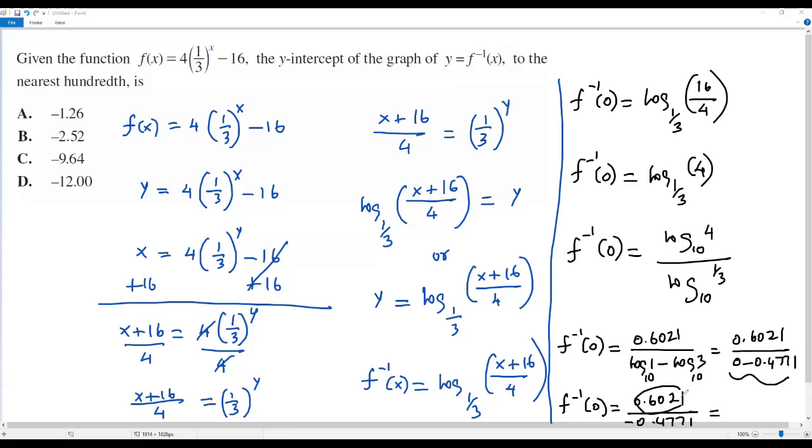When I divide 0.6021 by 0.4771, I'm getting a value like 1.26199. It keeps going. I just round to the nearest hundredth because the question says to round the value to the nearest hundredth. And since we have a negative sign in the denominator, this value will be negative. So now I got the y-intercept of the inverse of the given function. That is negative 1.26.